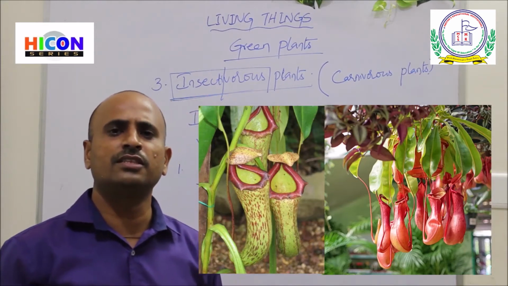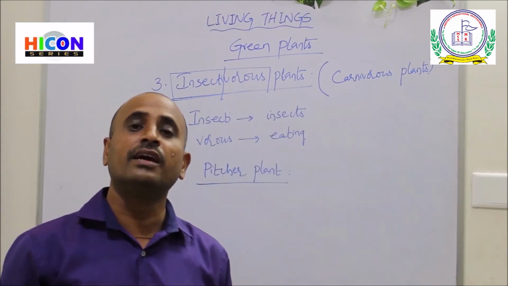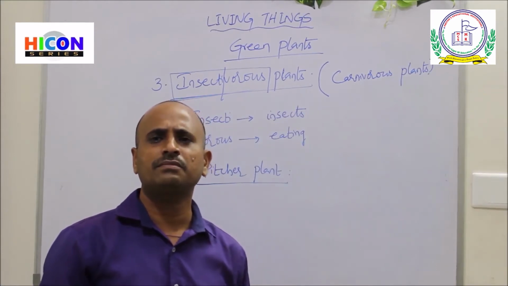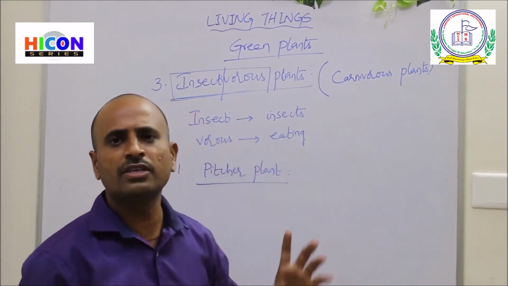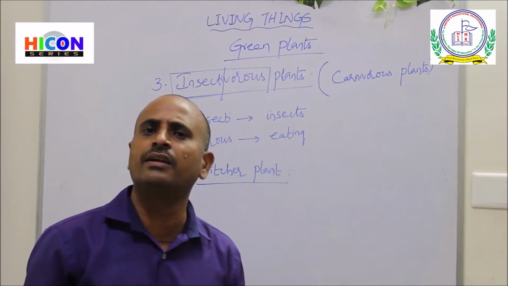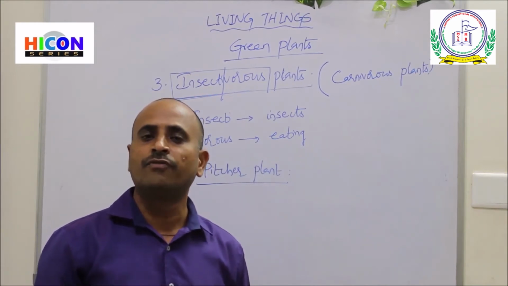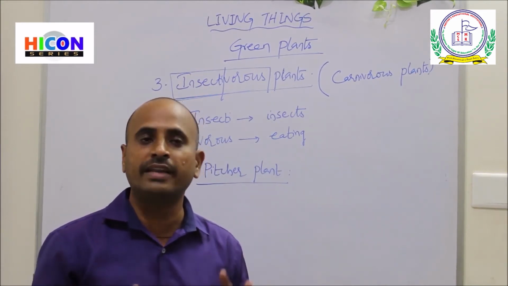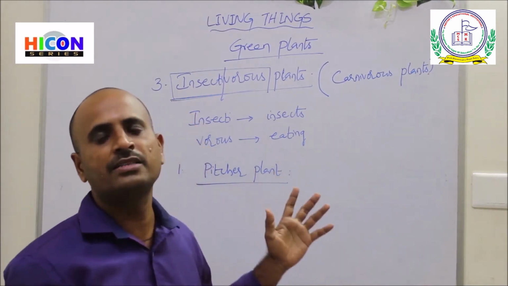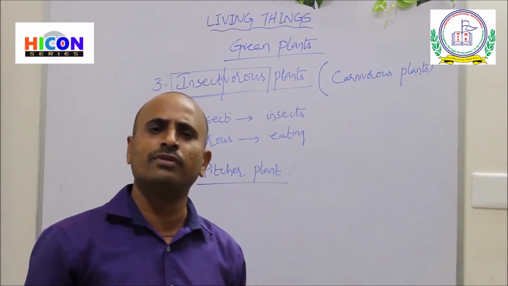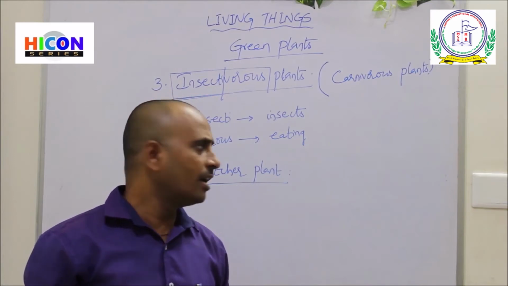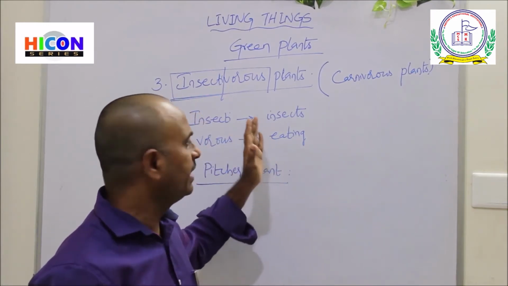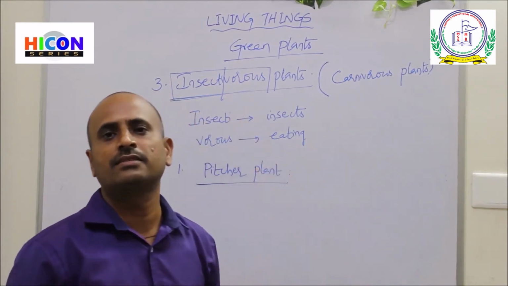Photosynthesis takes place only in the green colored parts of the plant. That's why photosynthesis does not take place in this type of plants, and they depend upon the insects.